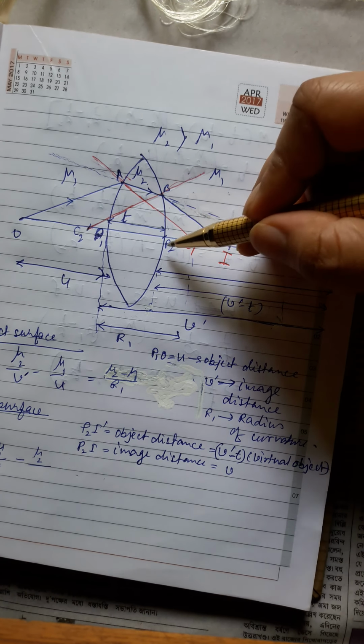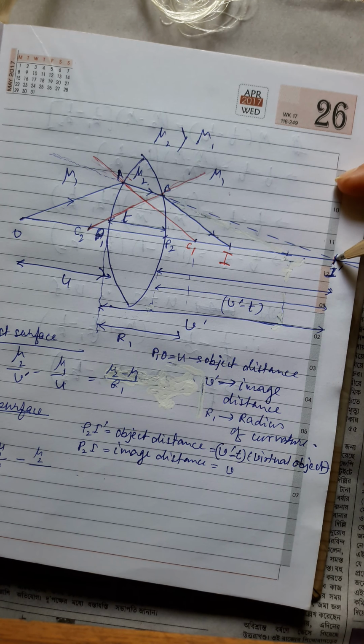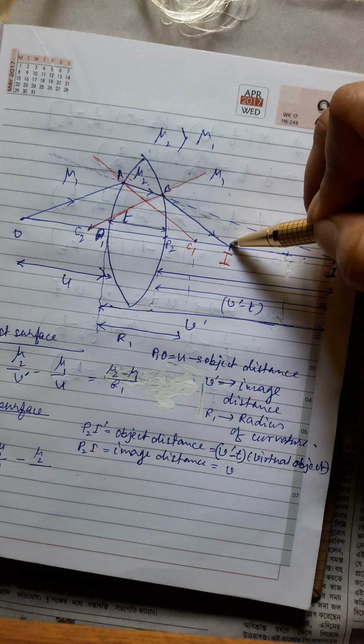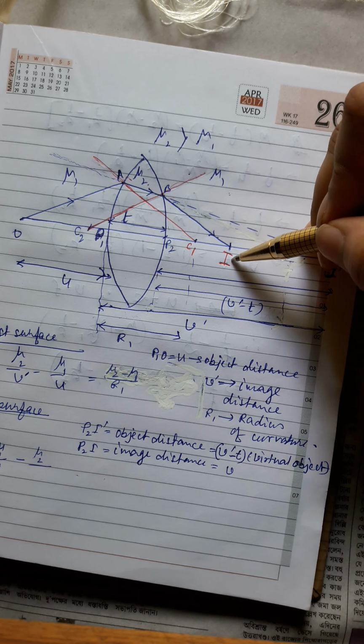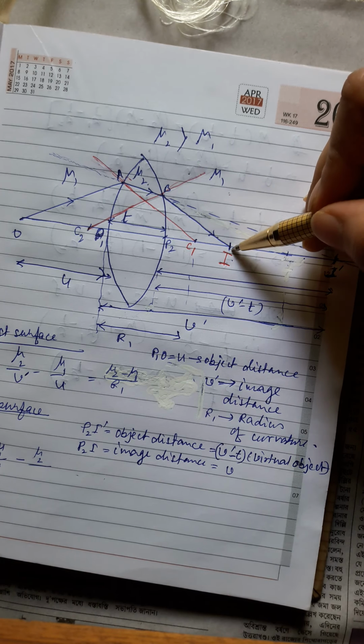So for the second surface, remember this is the object, but it is a virtual object, and the refracted ray gives you the position of the image. This is the refracted ray, so it is the image. The light ray is actually cutting the principal axis, so the image is real. Object virtual and its real image.